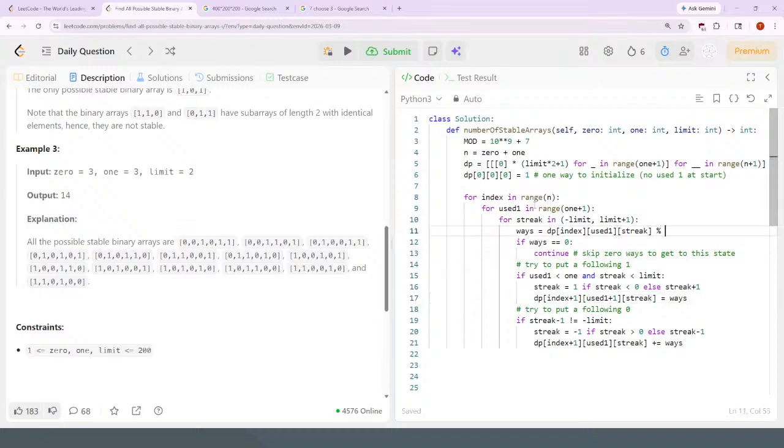Maybe I could just do mod here. So if I haven't used up all 3 ones, then I should be able to do it. Should be able to do that.